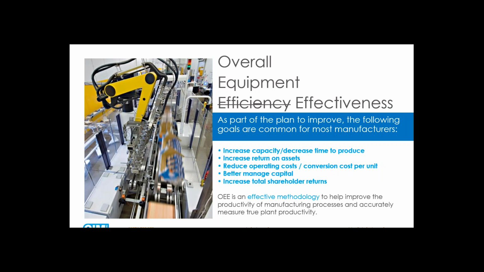So let's have a look at it. OEE, what does it stand for? Well, the first thing from the top of the slide there is it doesn't stand for overall equipment efficiency. What it actually does stand for is overall equipment effectiveness. And that's quite important because what's efficient isn't always effective.